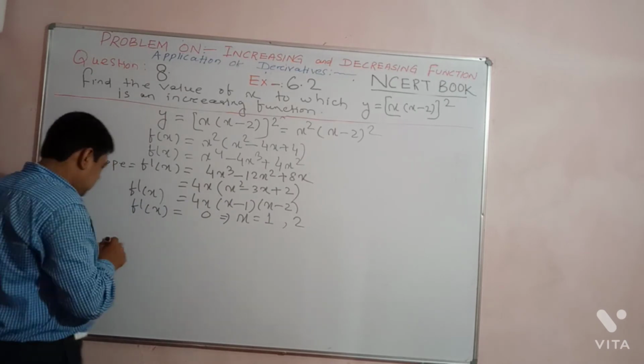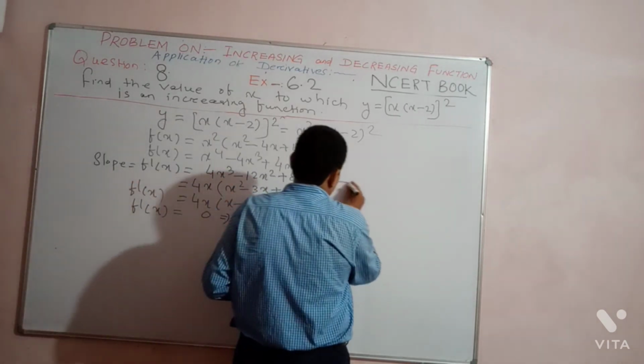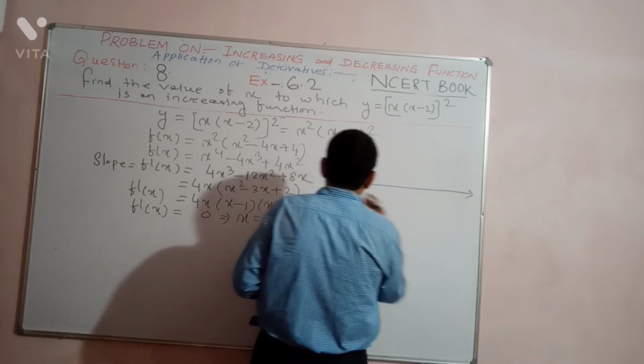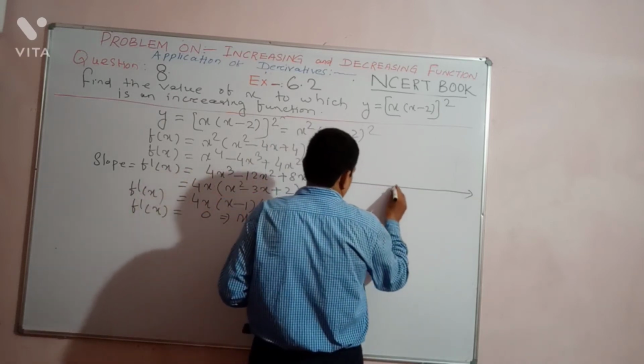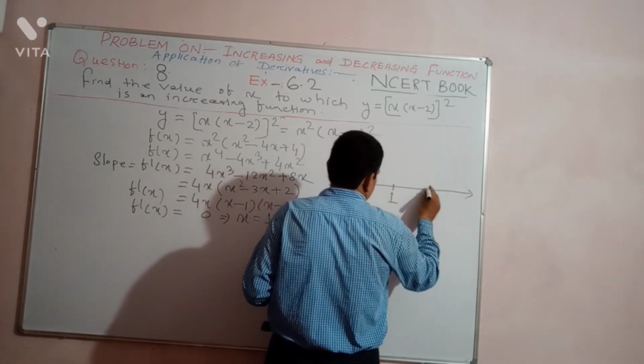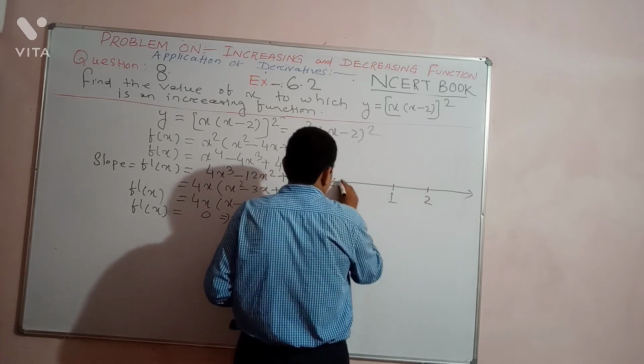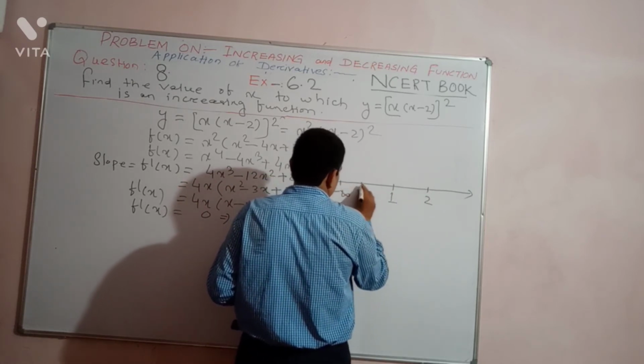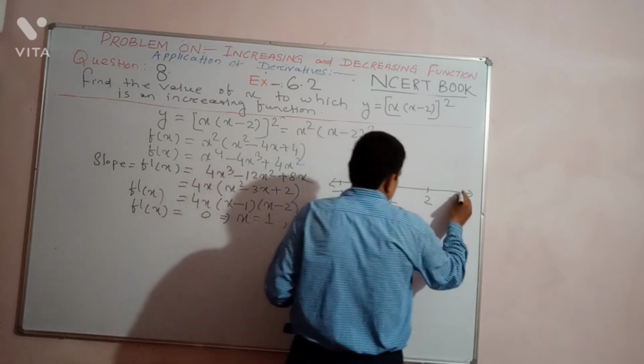Understand? Now let us draw a real number line. Here x is equal to 1, here x is equal to 2, here x is equal to minus infinity, and x is equal to 0, and here x is equal to infinity.